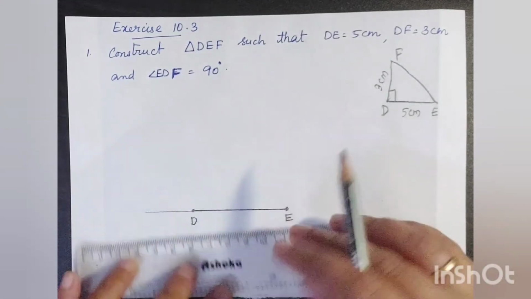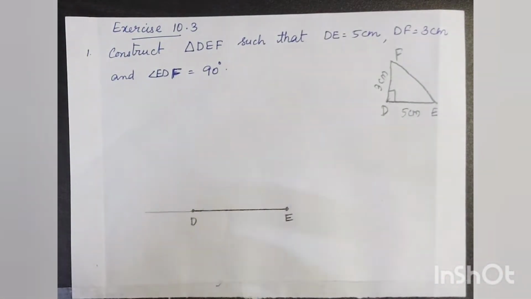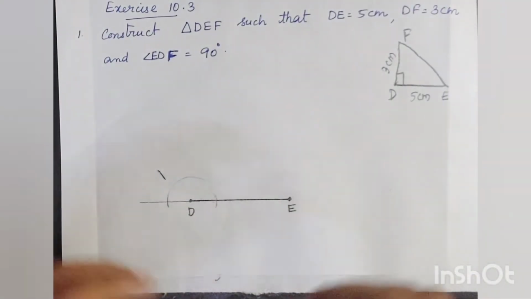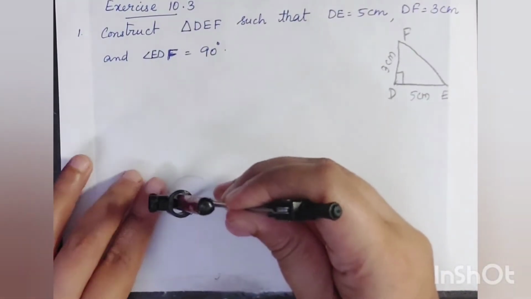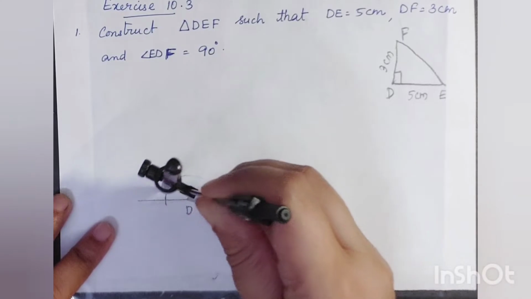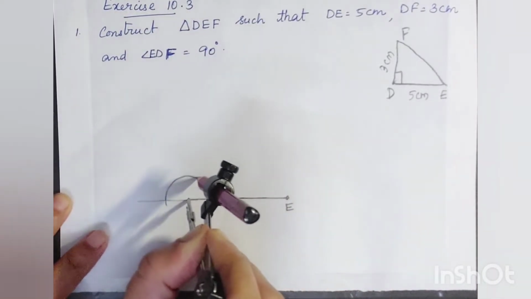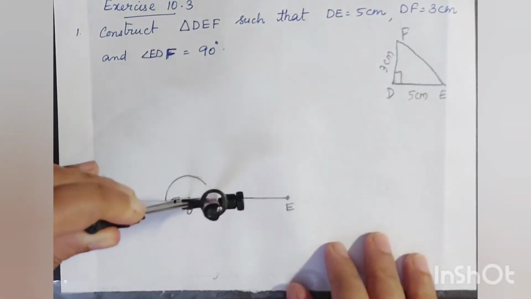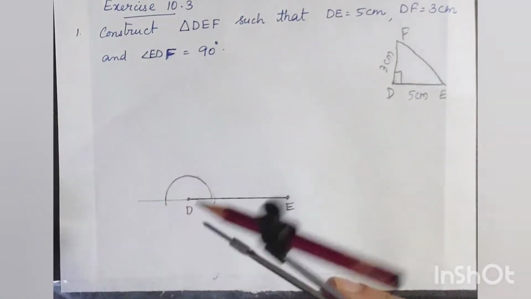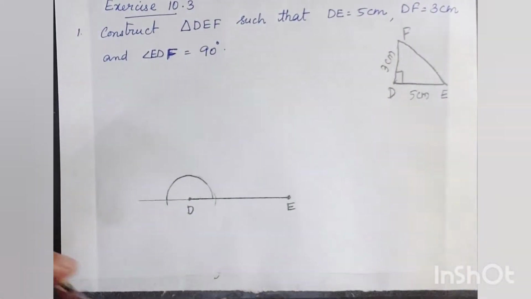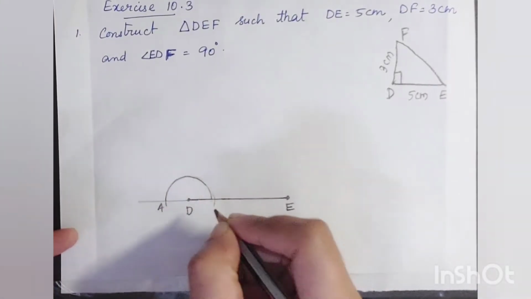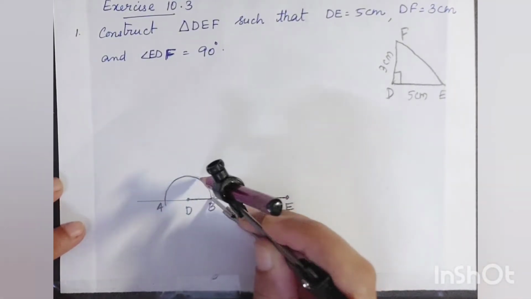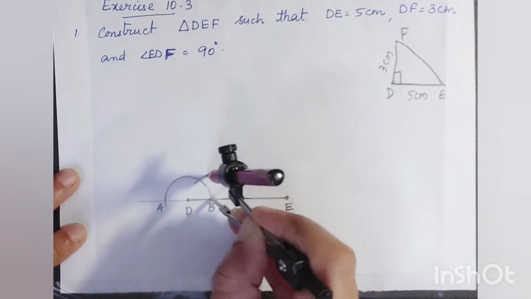Just extend this line and take a compass. Draw a semicircle with some measurement. Okay, with some random measurement. Okay, now with the same measurement, let this be A and this be B. Okay, now with the center point at B and with the same measurement, draw an arc cutting this semicircle.